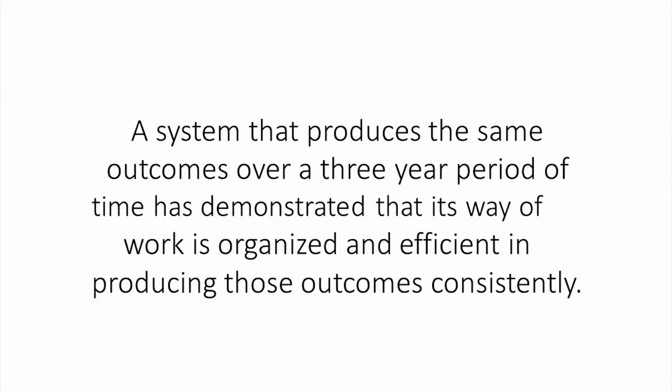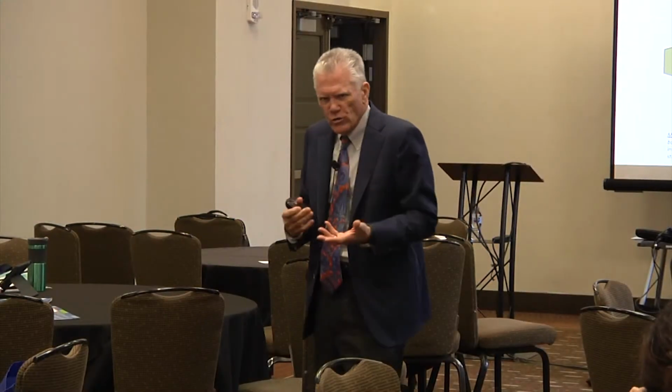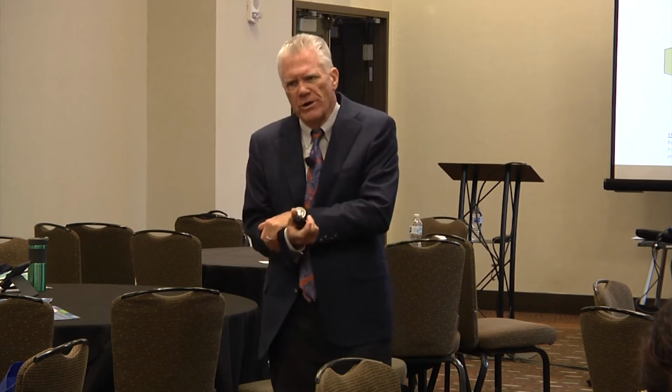So we have 6 critical components of the MTSS model. We have principals in here, we have district leaders, state leaders. So you've been through all these leadership courses and all of this kind of stuff. You understand that leadership, capacity building, and communication and collaboration are the bedrock of all change processes. They're not unique to MTSS. There are some things we're going to talk about today that are unique about leadership, that are unique about capacity, but the concepts are not.